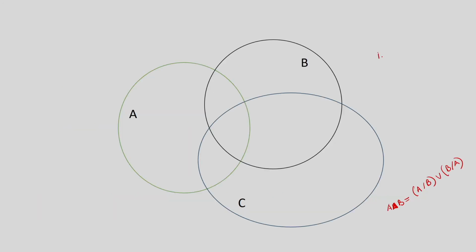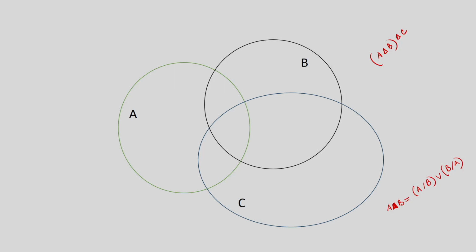So, A delta B and whole thing delta C, this consists of elements in either A exclusively or B exclusively or C exclusively, or they occur in all of them simultaneously. Okay.